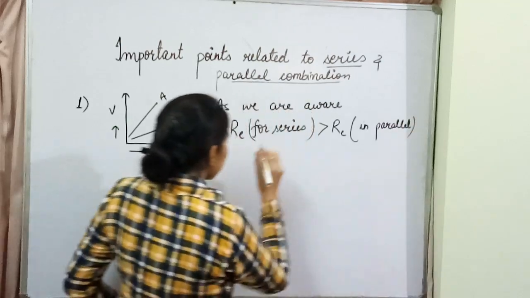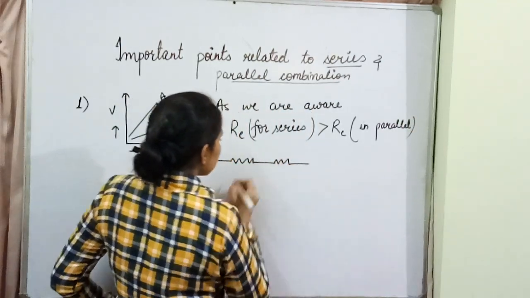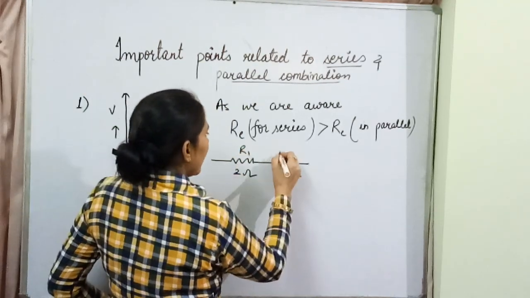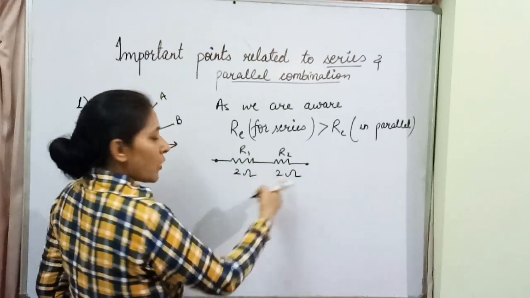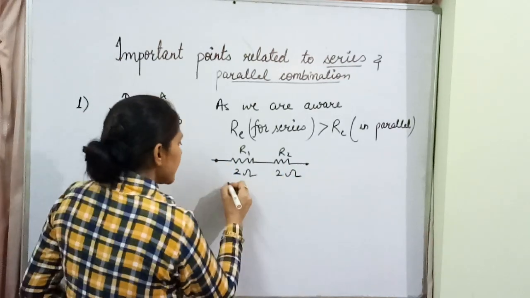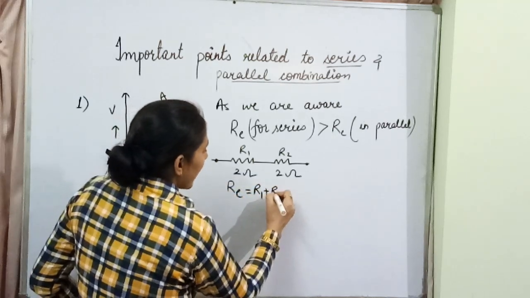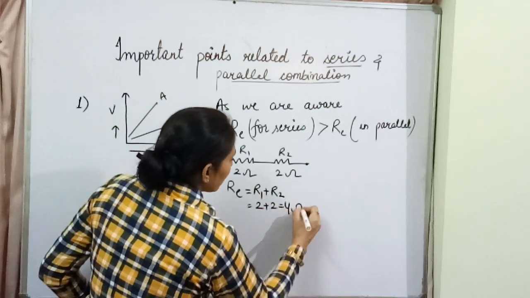How can we say this? Suppose I have these two resistors. Each resistor is of 2 ohm. This is R1 and this is R2. In this combination they are connected in series. So how do we find the equivalent resistance? R equivalent is equal to R1 plus R2, and this will be 2 plus 2, that gives you 4 ohm.